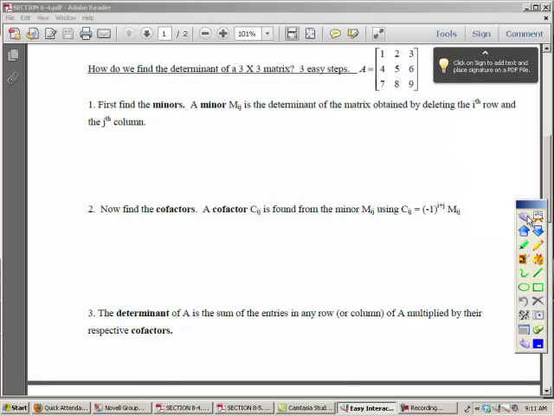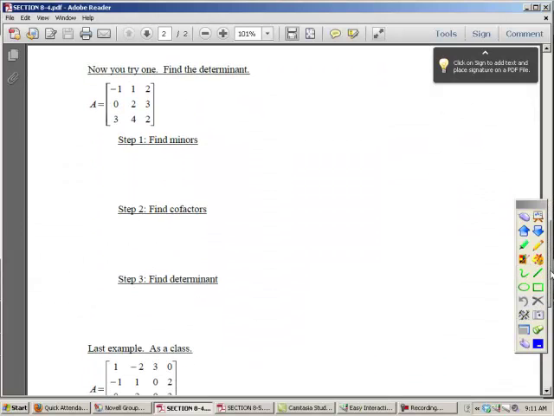So we're going to try another one, and I'm going to see if I can simplify this a little bit for you. And the reason I simplify this a bit is because I don't want to have to find all 9 minors and cofactors if I'm only going to use 3 of them. And so what I'm going to do is find a row or a column that looks the easiest.